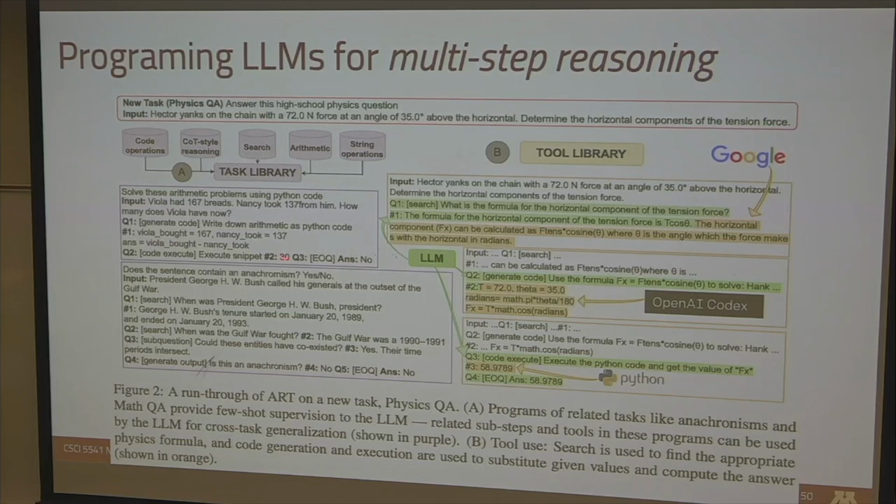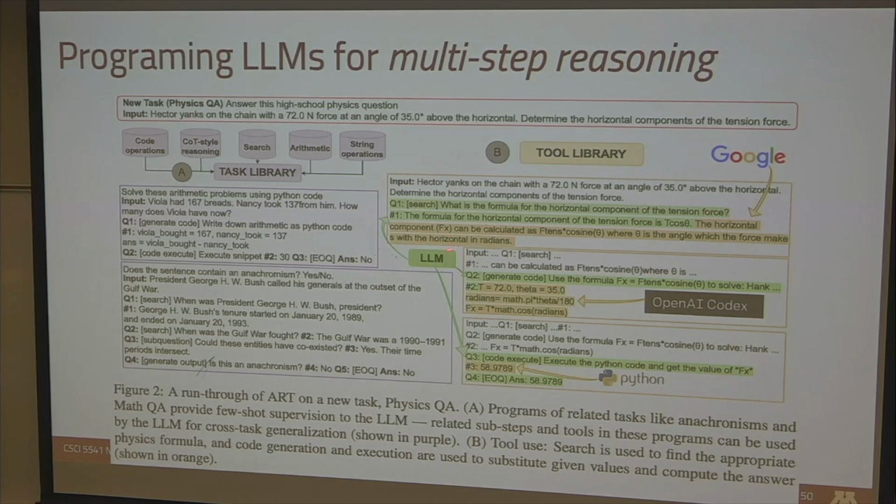Yeah. So for this task, for this input, Hector blah blah blah. Given this input and these reference examples, the language model predicts that it needs to search the formula for computing the horizontal component of tension forces.